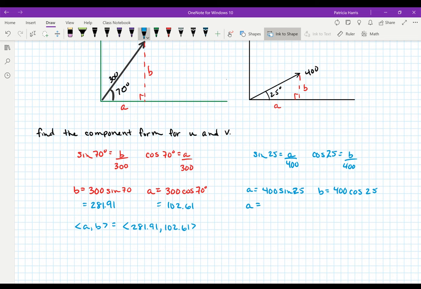Sometimes that just makes it a little bit easier for us to do. Okay, we're still doing the same thing. We're just using different language.